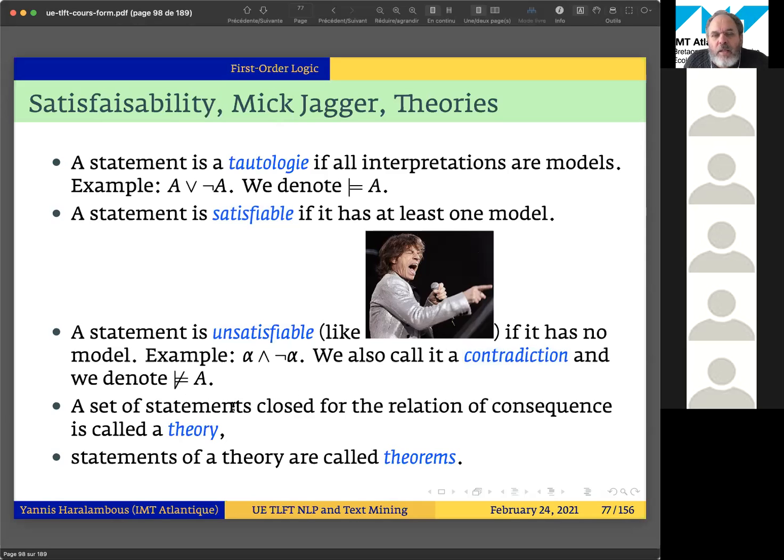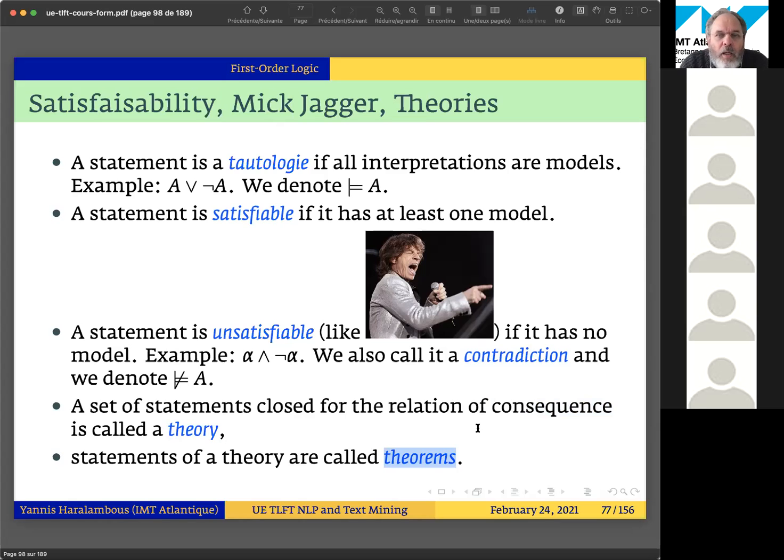When we take statements and we take all possible consequences, then we get a theory. And these statements are called theorems. So you see, a theory can be either a set of axioms to which we apply inferences and get all possible formulas, or again axioms and then taking consequences of these axioms.